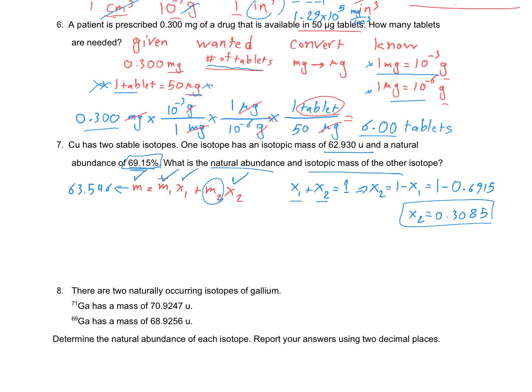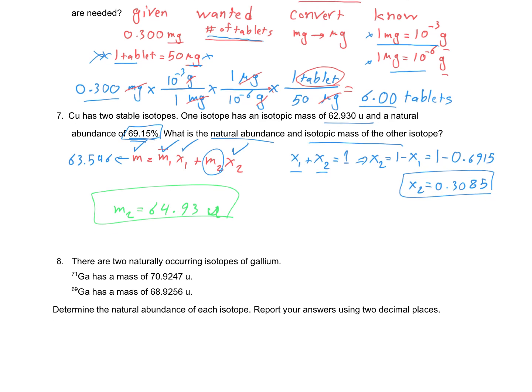Let me write it with a different color. You will get M2 as 64.93 U. Okay, you have to show your work, plug these numbers, and find the M2.